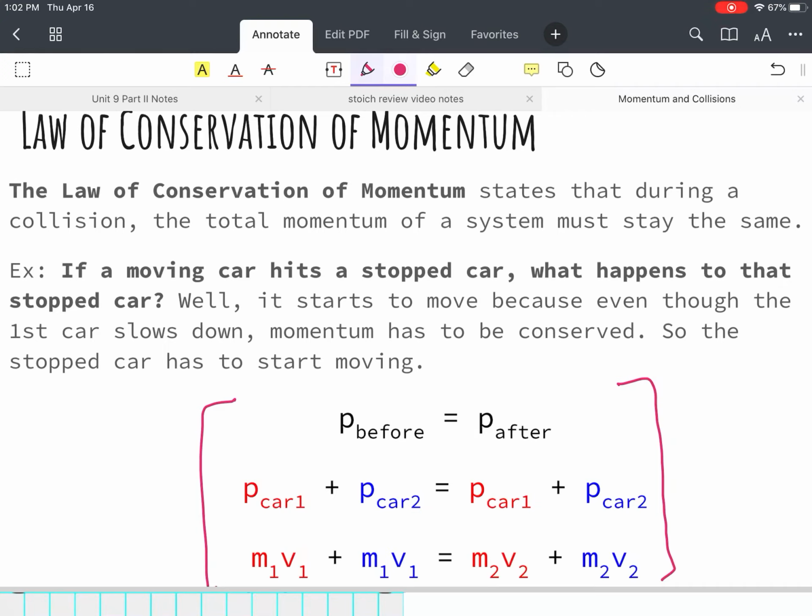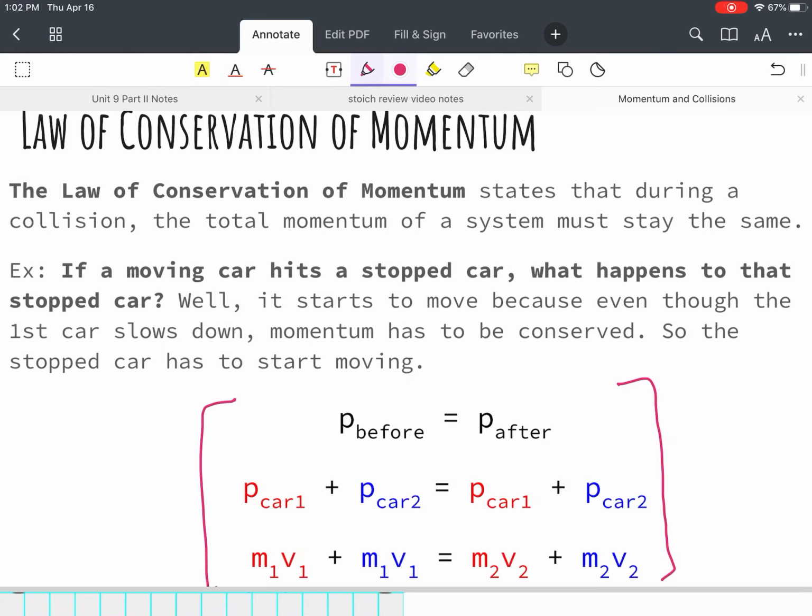We're going to look at an example here in just a second: if a moving car hits a stopped car, what's going to happen to that stopped car? Well, it's going to start to move, because that first car slows down, maybe, right? That speed has to be transferred to another object.